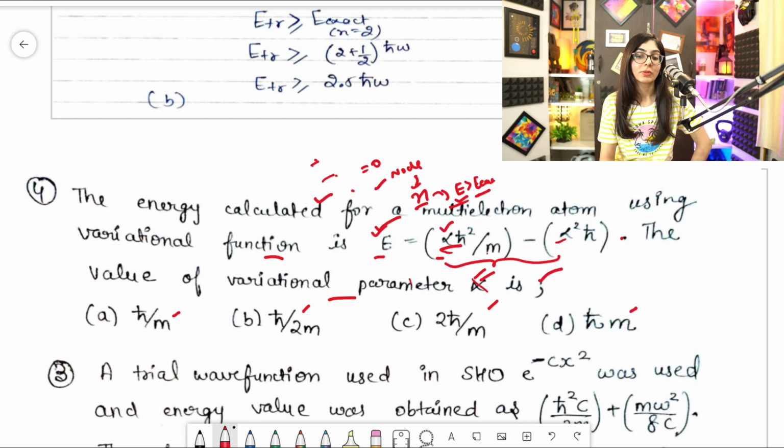Here the variational parameter is alpha, and this is the energy, so you differentiate E with respect to alpha, put it equal to 0, and then you will get the value of alpha. That's how you can solve it.